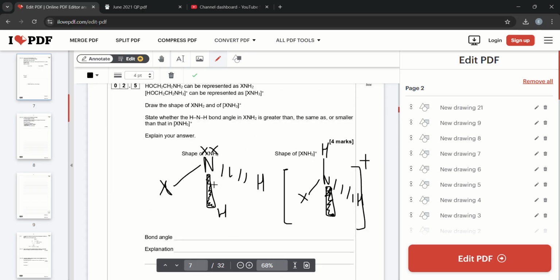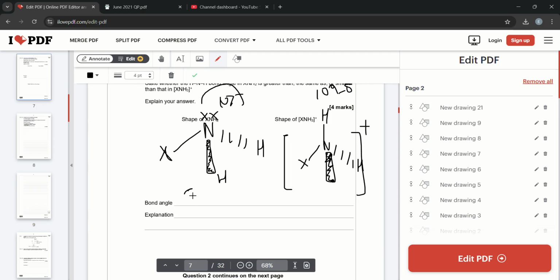It says state whether the bond angle in XNH2 and XNH3+ is greater than, the same as, or smaller than. Well, remember, this kind of molecule, the bond angle is 107 degrees. This kind of molecule, the bond angle is 109.5 degrees. So the bond angle in XNH2 is definitely going to be smaller. Why?